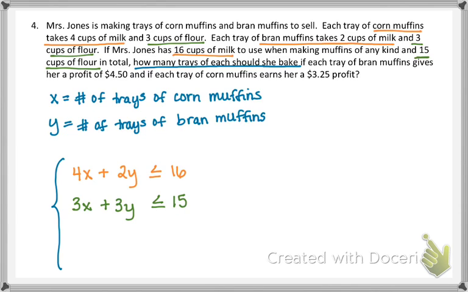And then we're going to add in our common sense constraints. X has to be greater than or equal to 0. Y has to be greater than or equal to 0. And then our objective, our goal is to figure out how many trays we should make in order to make the most amount of money.